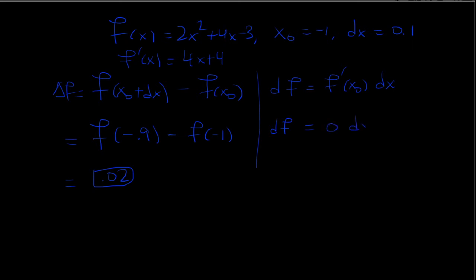And I don't care what dx is, because when I multiply that by 0, I get 0. So the value of the estimate is 0. Finally, the approximation error will be the absolute value of delta f minus df, and in this case is 0.02.